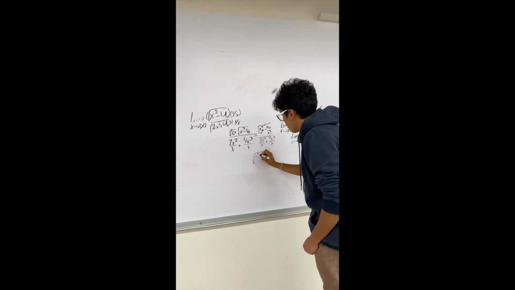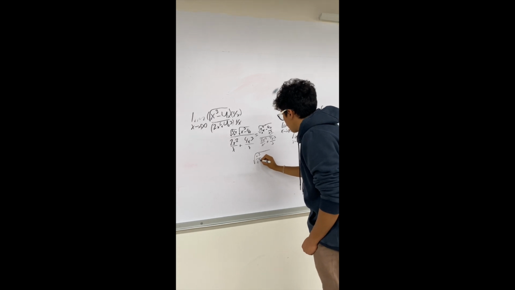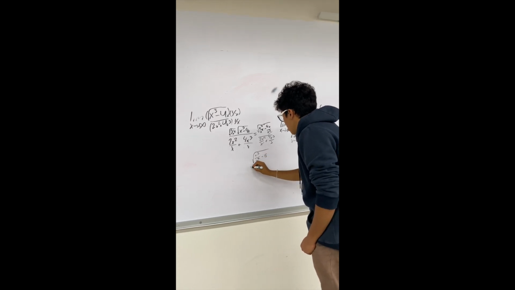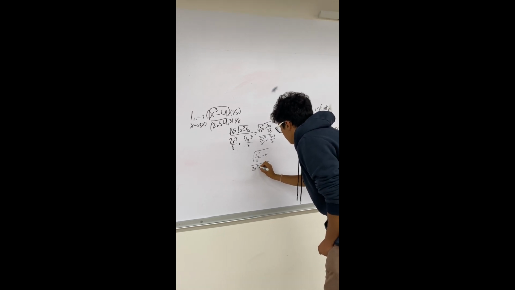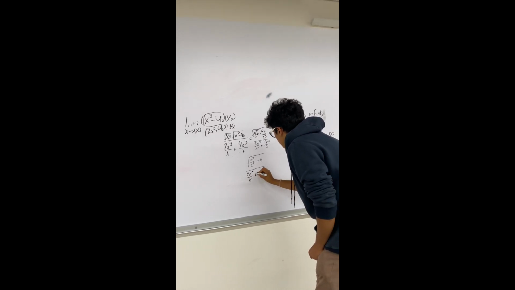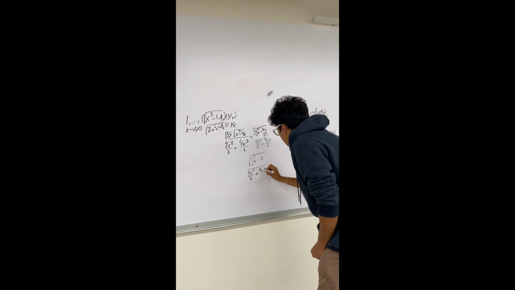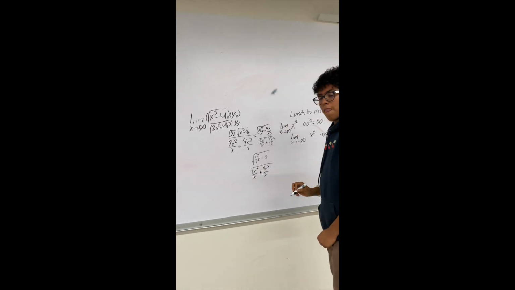x cubed over x squared minus 0 over 2x squared over x plus 4x cubed over x.